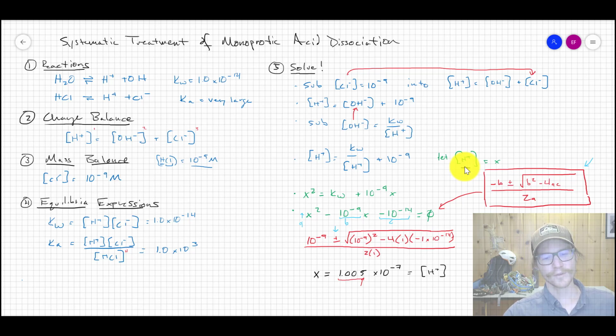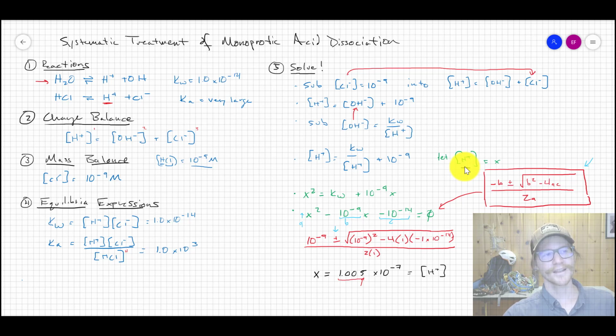Because really what you're seeing here is the pH is largely dictated by the first reaction, by water itself, because the H plus coming from HCl was at the 10 to the minus 9 range. So it was pretty inconsequential.